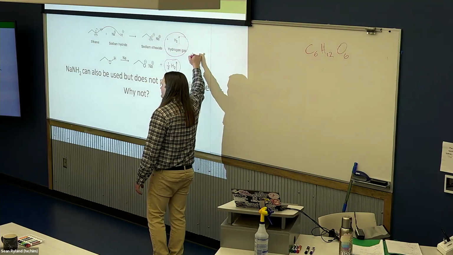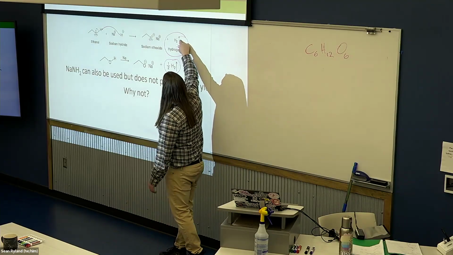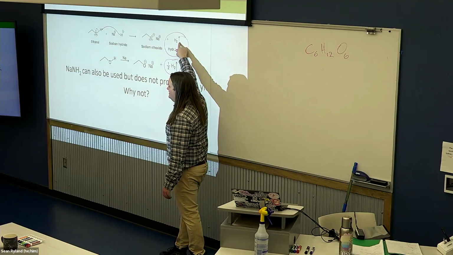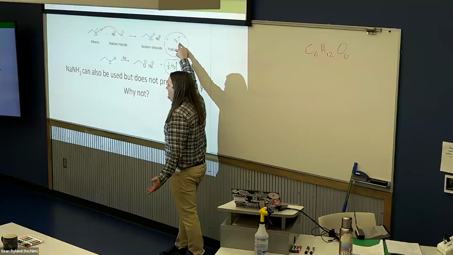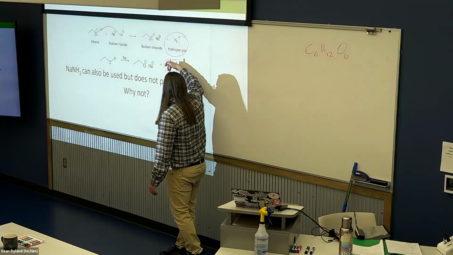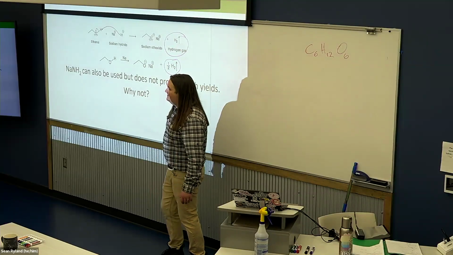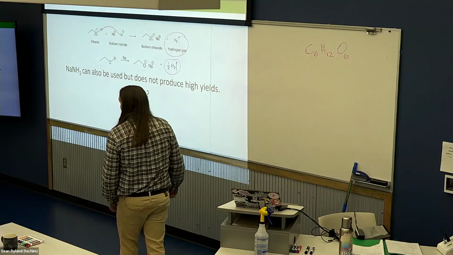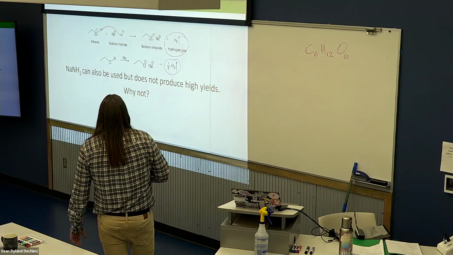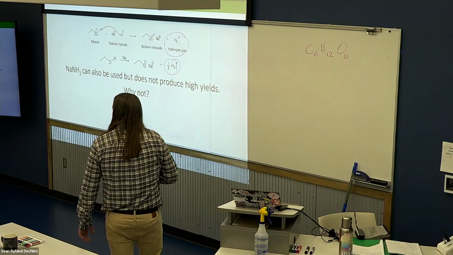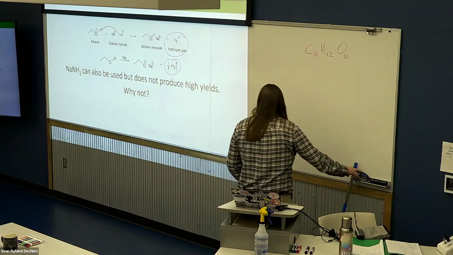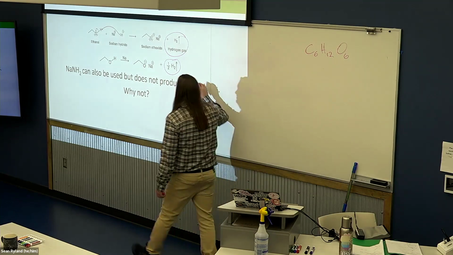Because it's not in solution anymore. What this symbol means is that it leaves the system because it's a gas. So if you make something that's a gas that can then be removed, it's not going to affect our equilibrium at all, and that gives us a better yield.